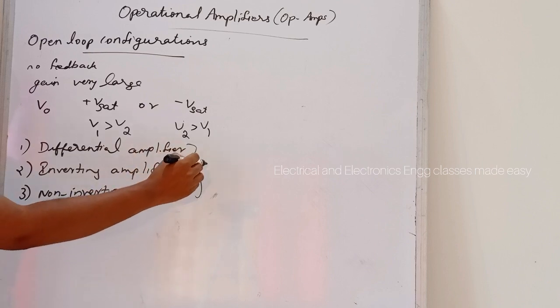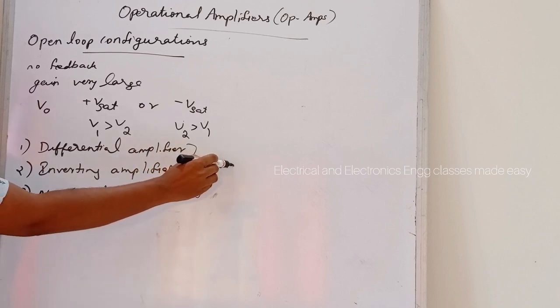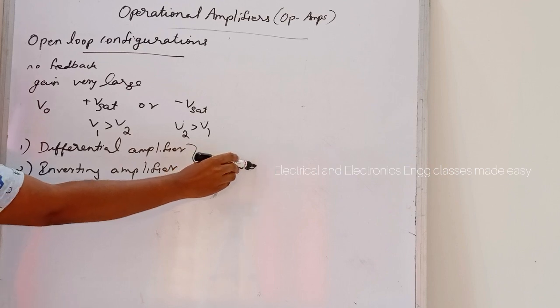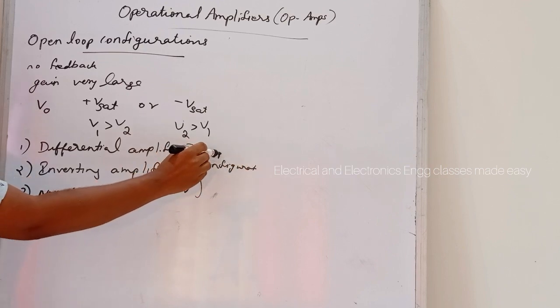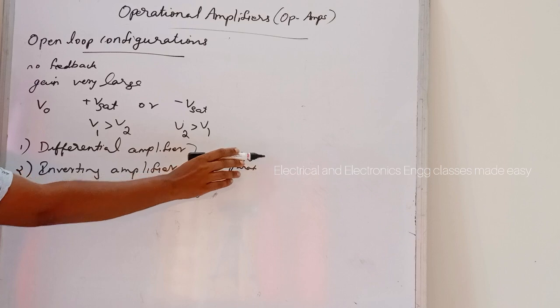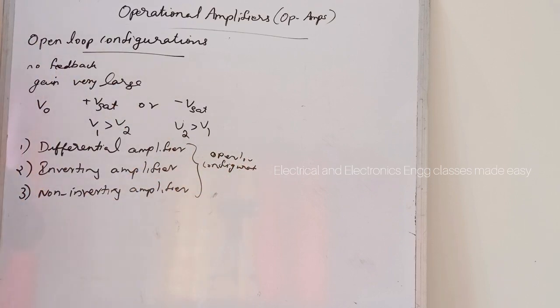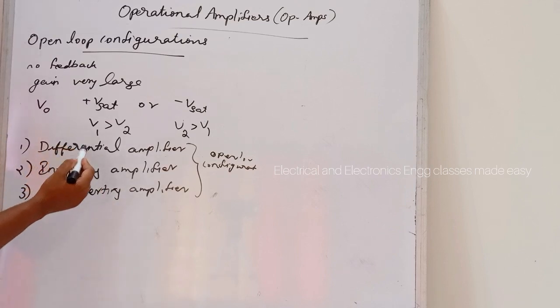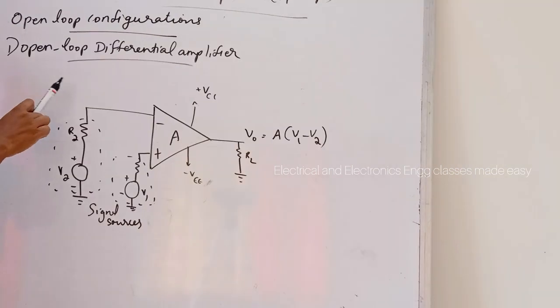So these are the three open loop configurations of op-amp: differential amplifier, inverting amplifier, and non-inverting amplifier. Let us study about these configurations in detail. First one is open loop differential amplifier.